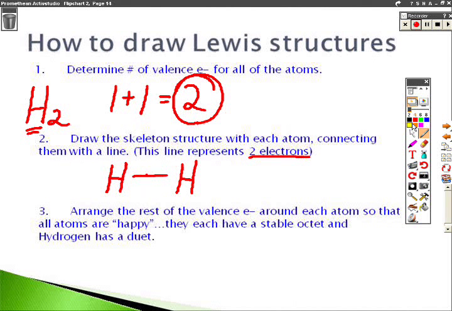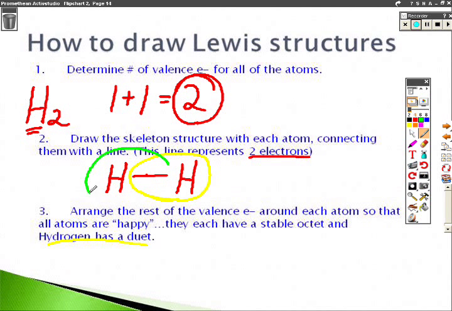So now comes the part that is confusing to some kids, but think about it. Think of this like a pencil or a rope right here. This shared pair. It's shared. This hydrogen is going to use this pencil or this bond, those 2 electrons, and we're going to see if it's happy. Remember, each hydrogen needs 2. Does it have 2? That line represents 2. Well, what about this hydrogen?